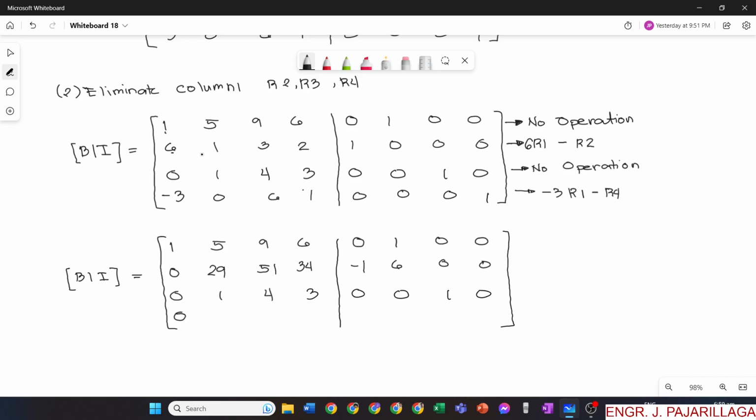So negative 3 times 5, that is negative 15, minus 0 is negative 15. Okay? Negative 3 times 9 is negative 27, minus 6. Minus din pala yun. So, negative 27 minus 3 is negative 33.